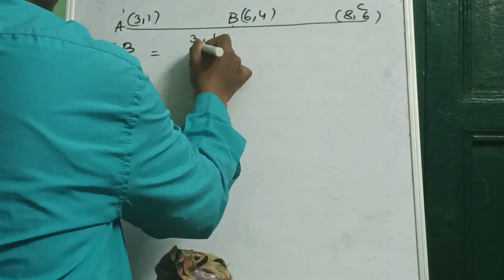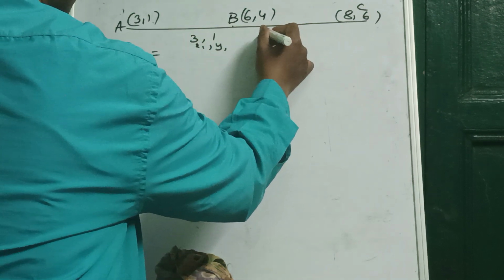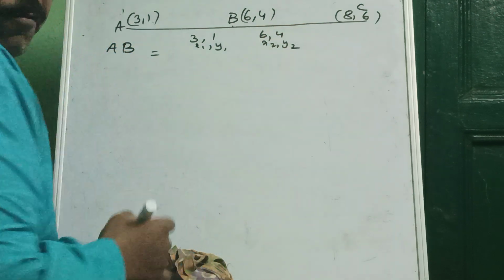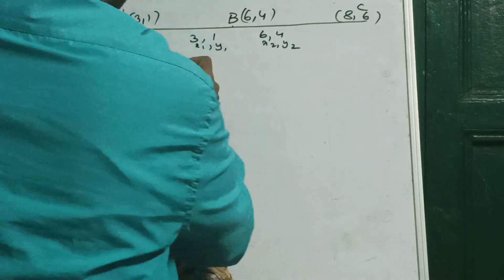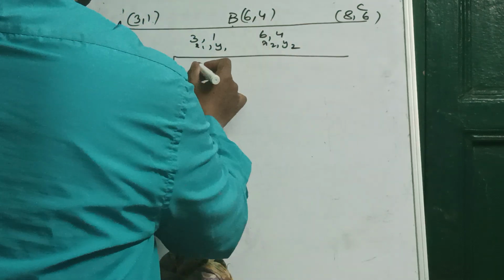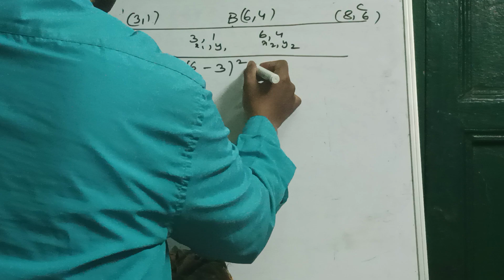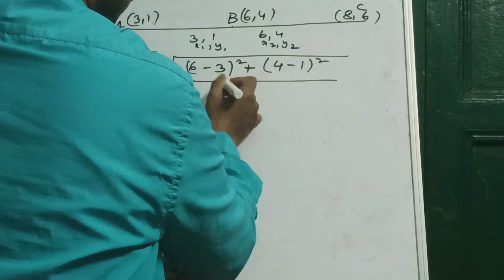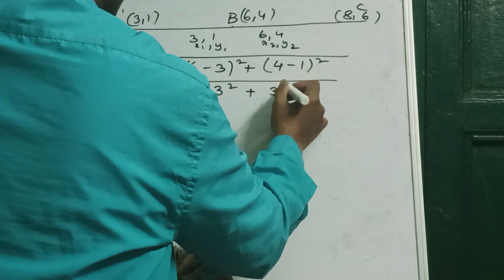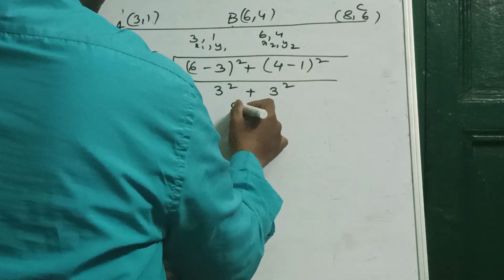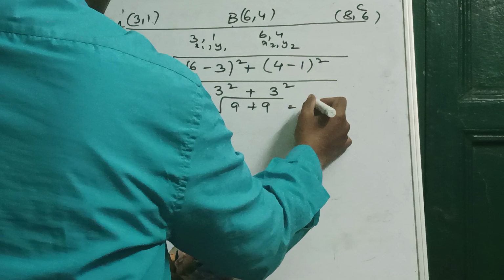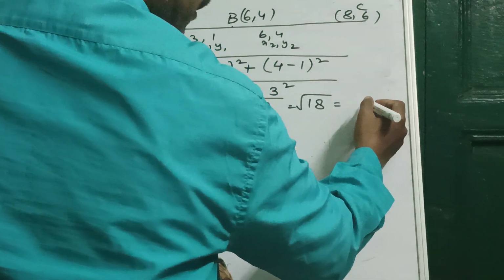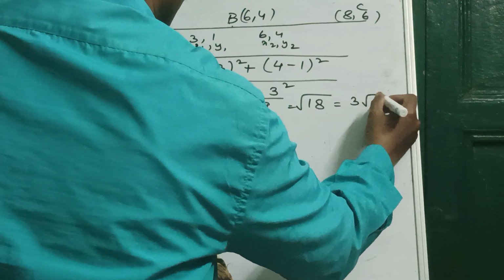So 6 minus 3 whole square, then 4 minus 1 whole square. 6 minus 3 is 3, 3 square, 3 square, that is 9 plus 9. We get 18, root under 18. Root under 18 means 3 3s are 9, 9 2s are 18. That is 3 root 2.